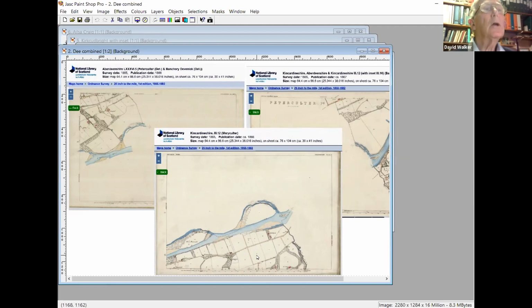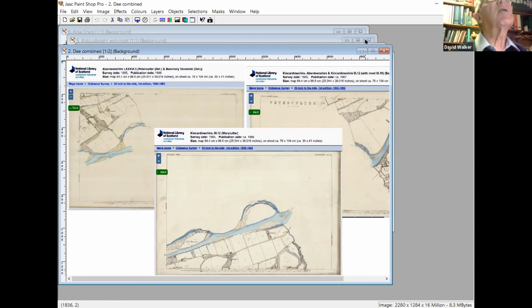On this one, you've got Kincardineshire, which is south of the river, and on the other side, Aberdeenshire. So they're split up more or less in traditional fashion, apart from the right-hand inset, which is 2 counties. And you've got some lovely bends in the river, which mean that Kincardine captures a bit of land north of the River Dee for historical reasons.